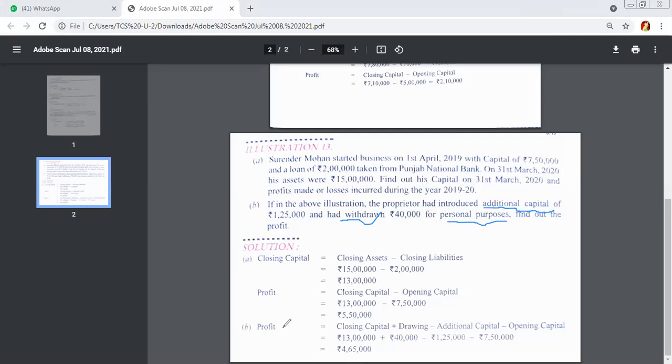In the paper, you will definitely get a 3 or 4 mark question of this kind, or you may find a 1 mark application based question from this formula. Short questions will be there, long questions will not be given in this topic. But this is a very important topic from the examination point of view.